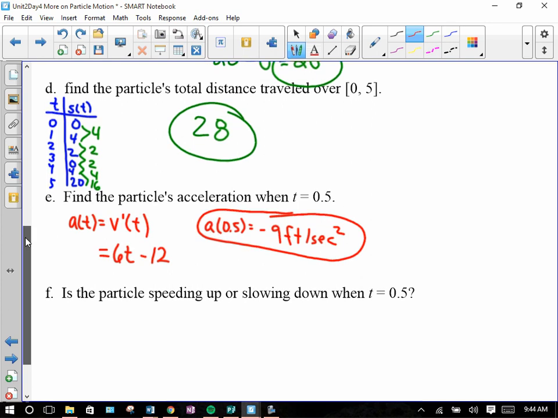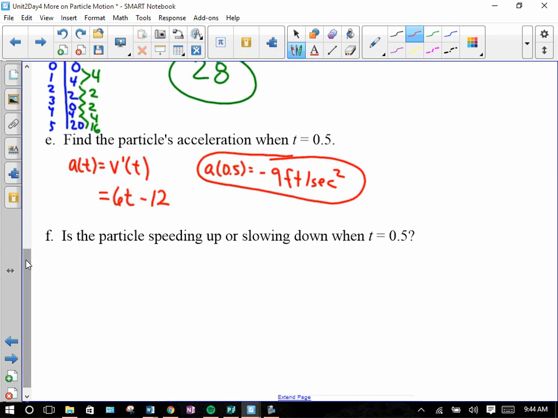So here's the question for us: is the particle speeding up or slowing down when t equals 0.5? In order to figure this out, what is it that we need to know?